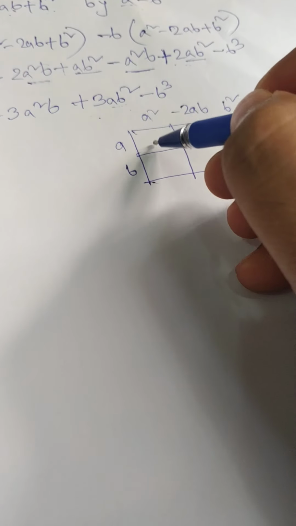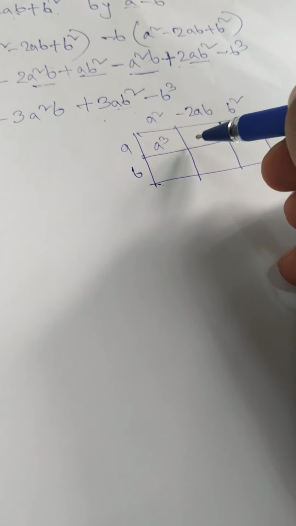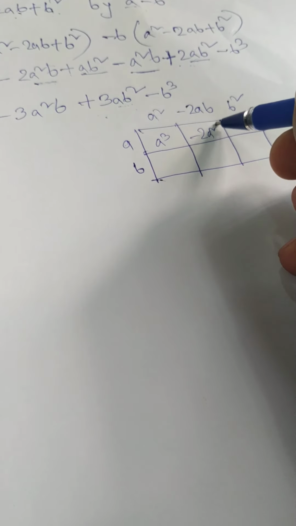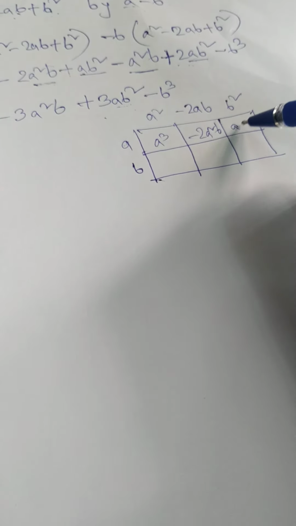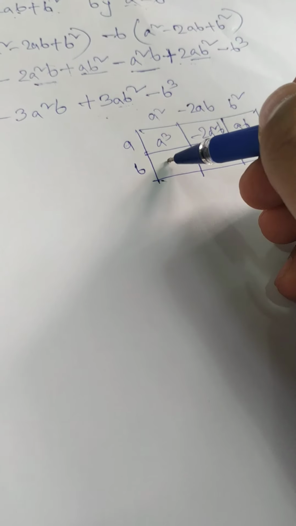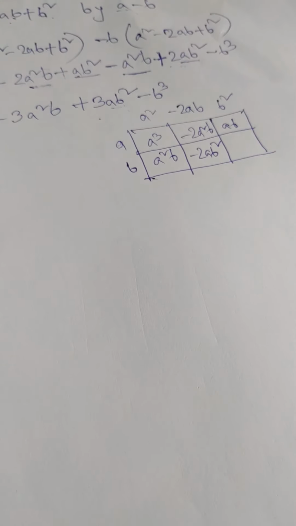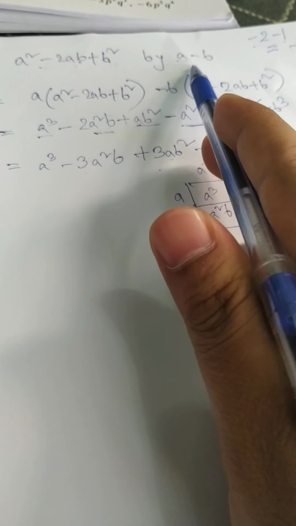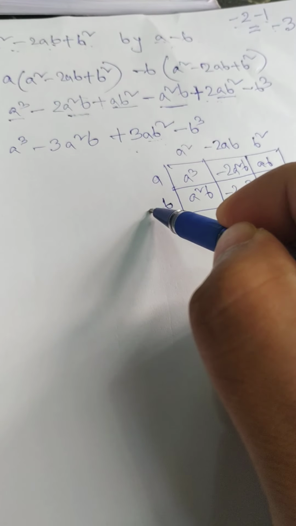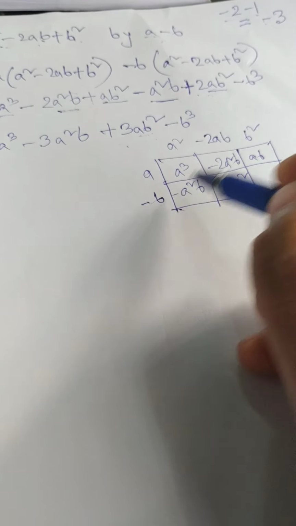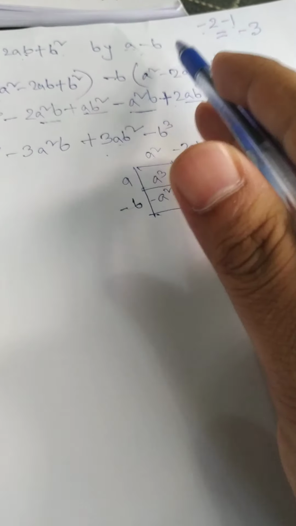So a into a square is a cube, a into minus 2ab is minus 2a square b, a into b square is ab square, minus b into a square is minus a square b, minus b into minus 2ab is plus 2ab square. Oh, this is actually minus b, I forgot to write the minus, so this will become minus, this will become plus, and minus b into b square is minus b cube.